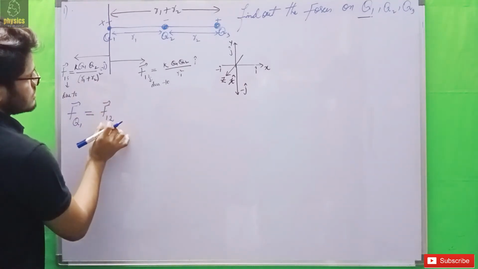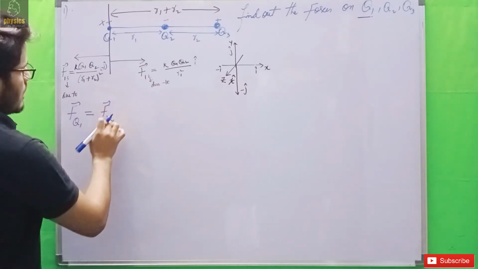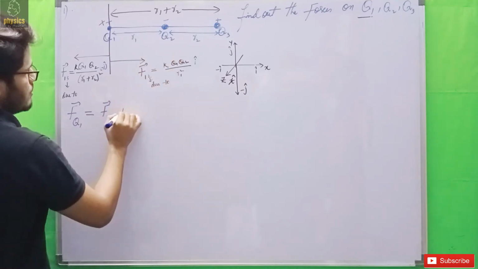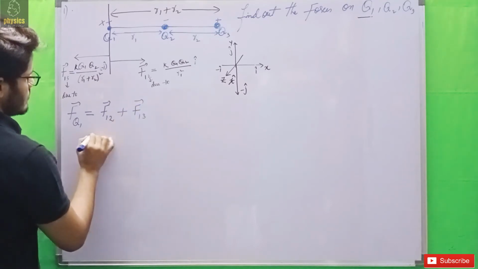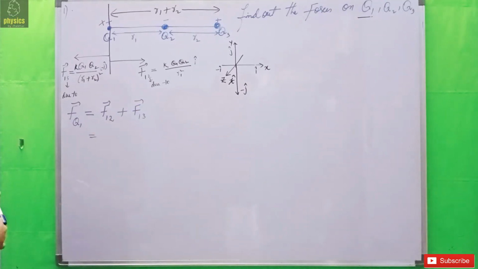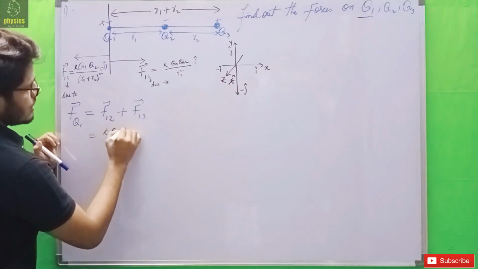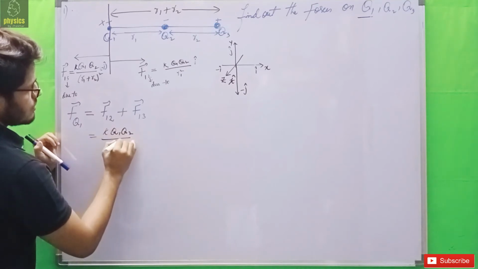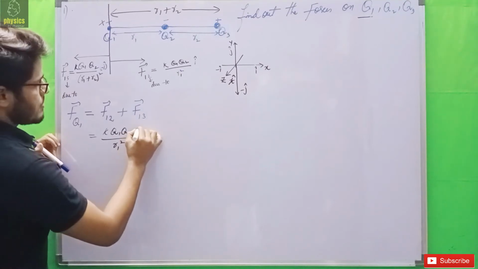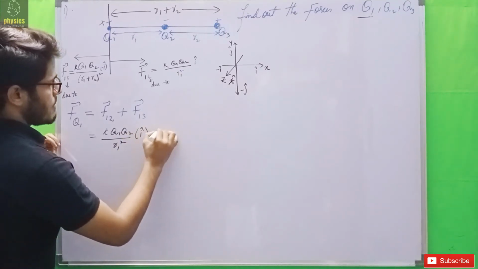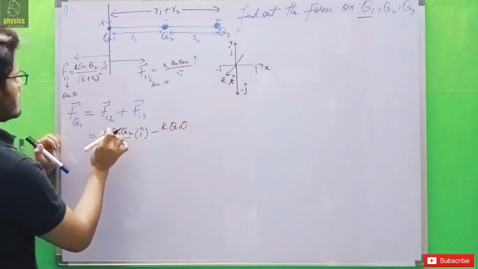Okay, so now the net force on Q1 is equal to the force due to Q2 plus the force due to Q3. Now if you add them, this force is K Q1 Q2 divided by R1 square I cap, minus this force K Q1 Q3.